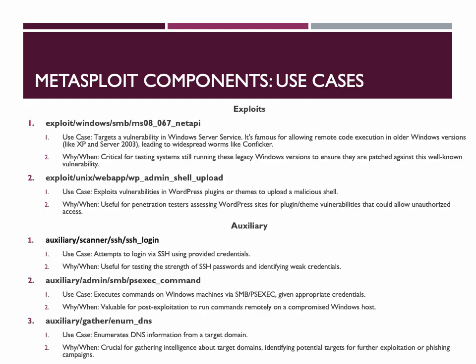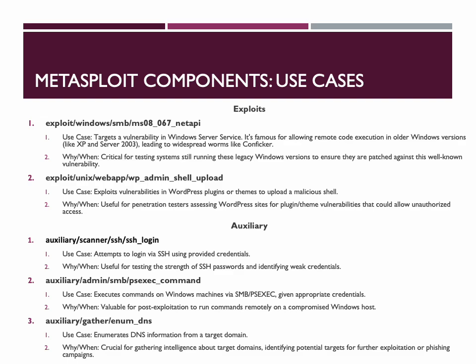So there are different types of exploits, here are some use cases. Let's go through them. There's a NetAPI exploit. Of course, you see a lot of them are Windows exploits, some of them are Unix exploits, and so forth. So this is a Windows SMB exploit, and it's called NetAPI. It targets a vulnerability in the Windows Server Service, famous for allowing remote code execution in older Windows versions.